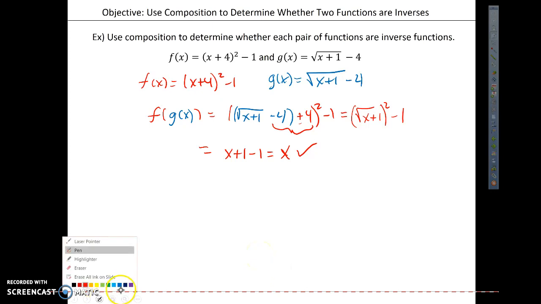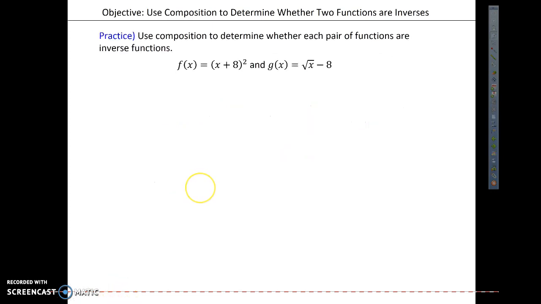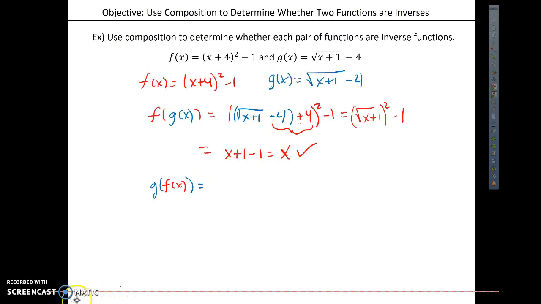So now I'm going to go ahead and compose g of f of x. So I have the square root of x, which I want to plug in my f of x function.